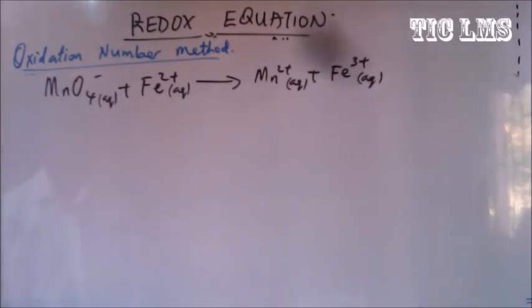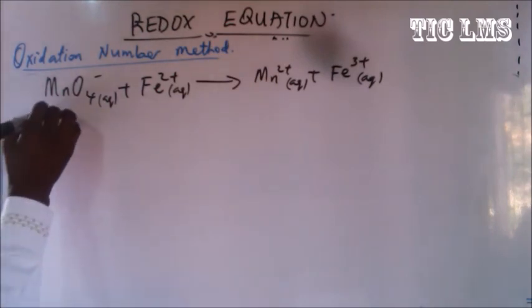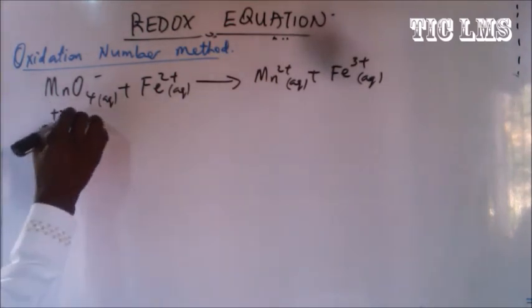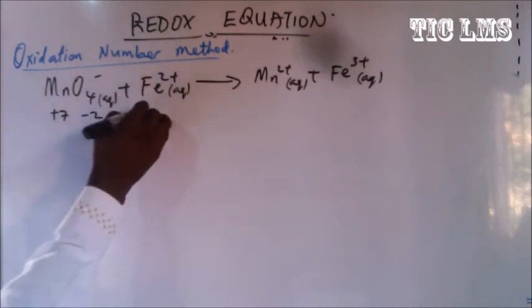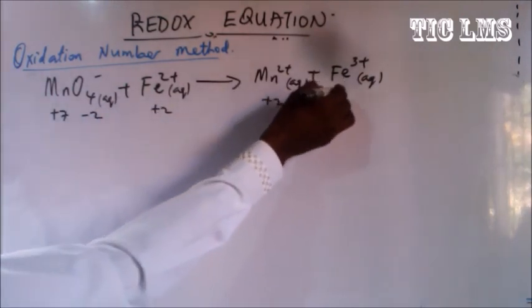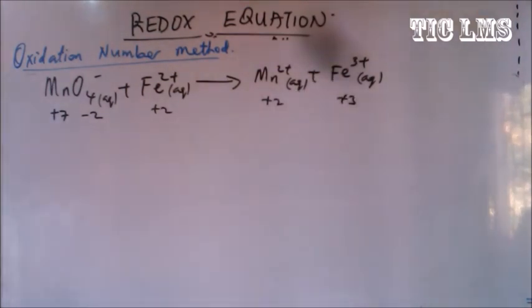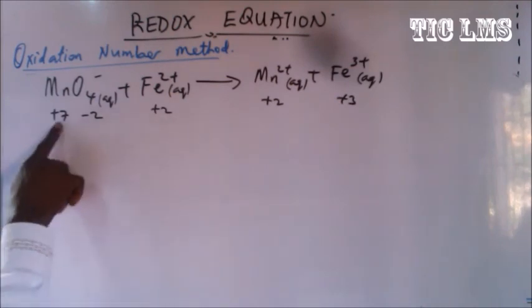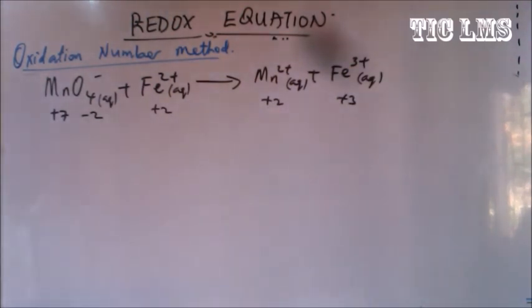Now for us to balance this equation, we need to first write the oxidation number of each of the elements. Manganese over here has +7 and oxygen has -2. Iron over here has +2. Manganese has +2. Iron here has +3. So we have to note that manganese has decreased from +7 to +2.